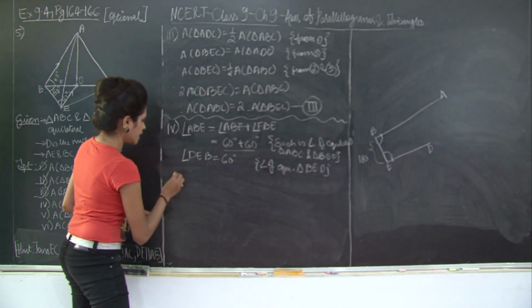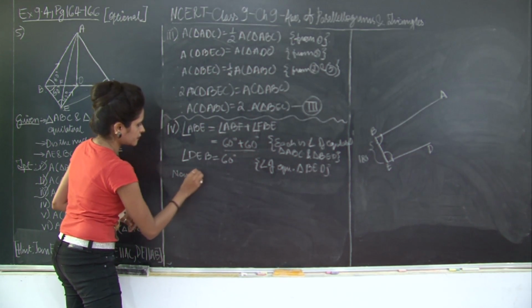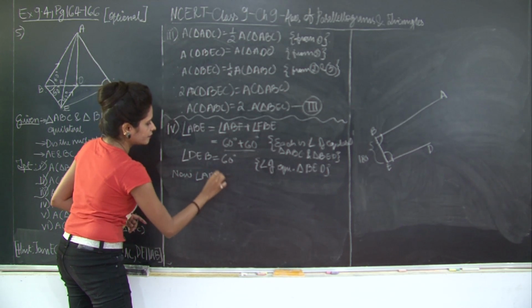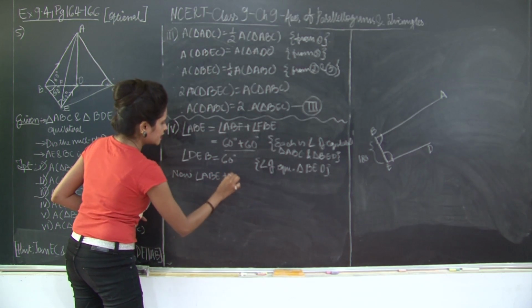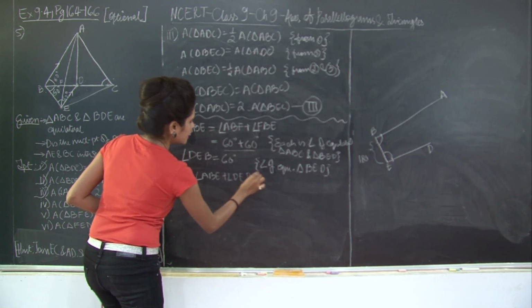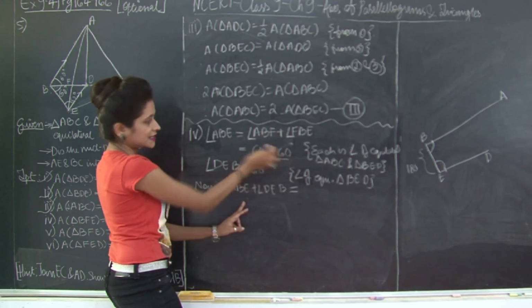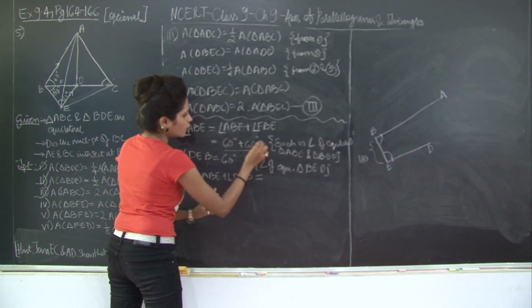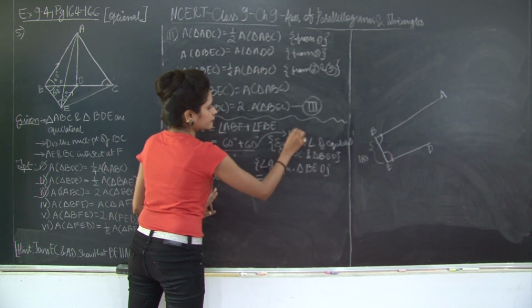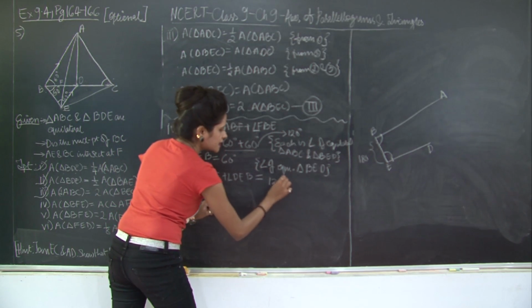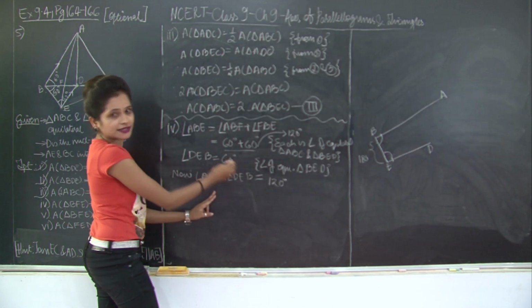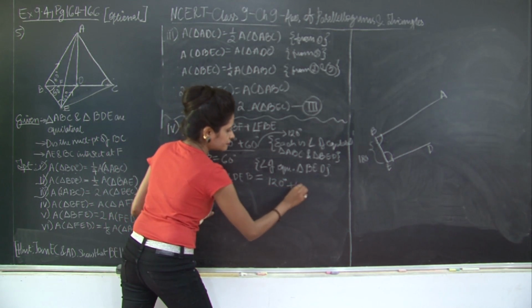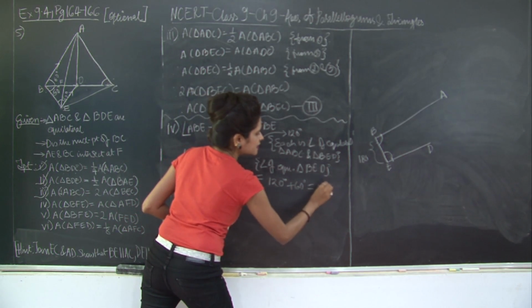Therefore, now angle ABE plus angle DEB is equal to 60 plus 60, right. This is equal to 120 degrees. 120 degrees plus DEB, which is 60 degrees, which is 180 degrees.